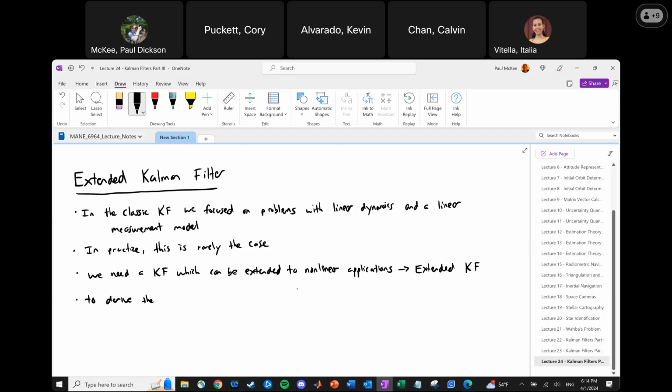And so what this means is, to derive the extended Kalman filter, we linearize about, because you have to linearize about something, a reference trajectory.